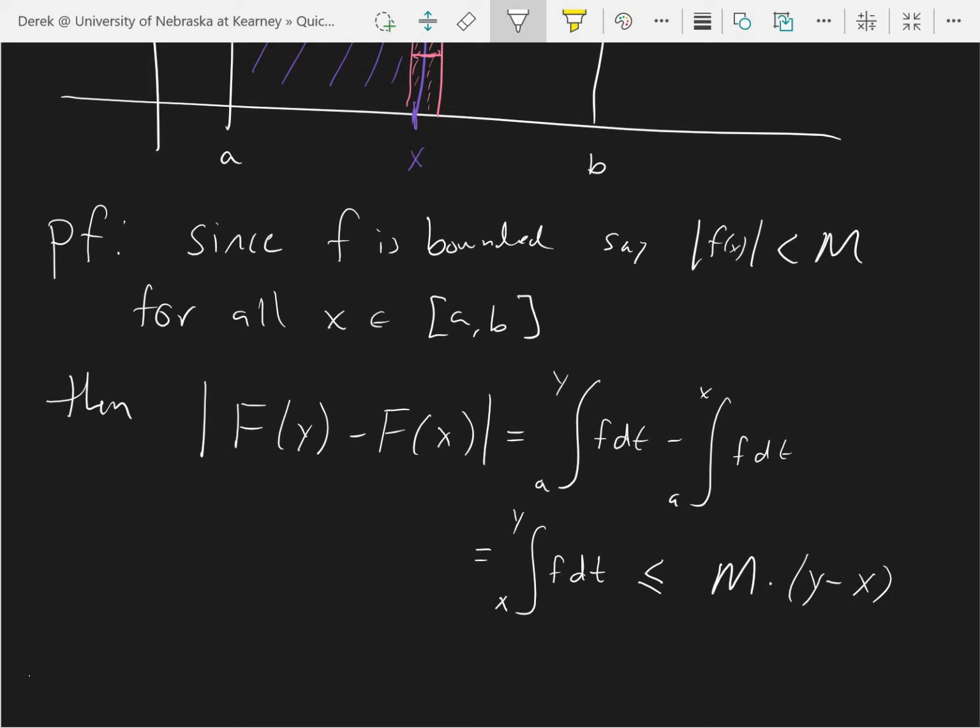Let's just take absolute values on all of this.